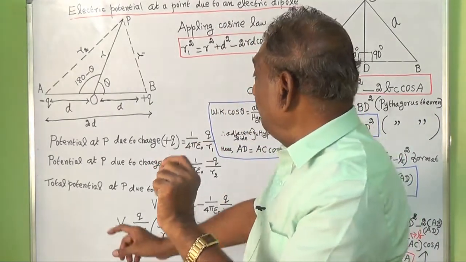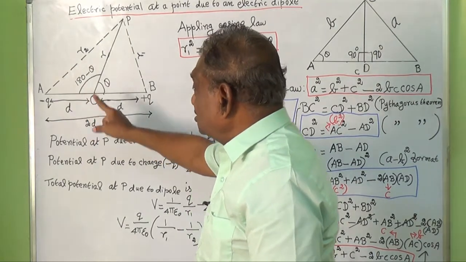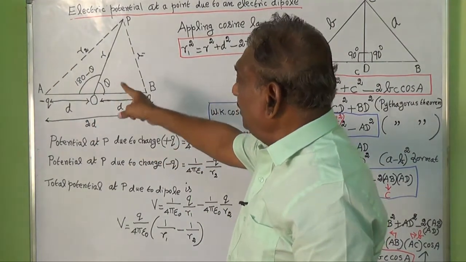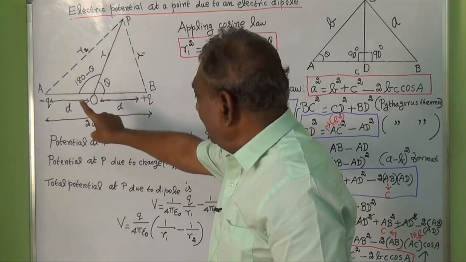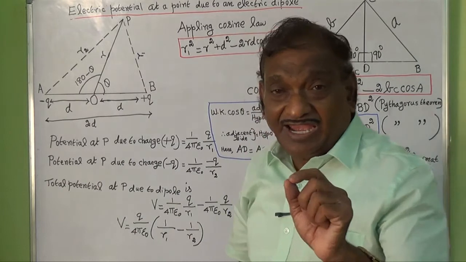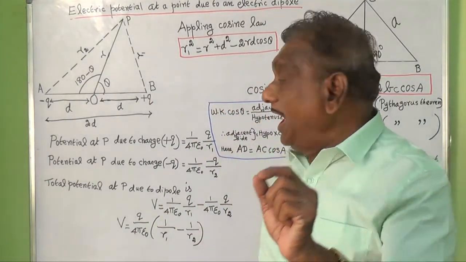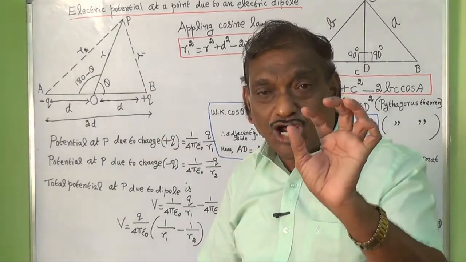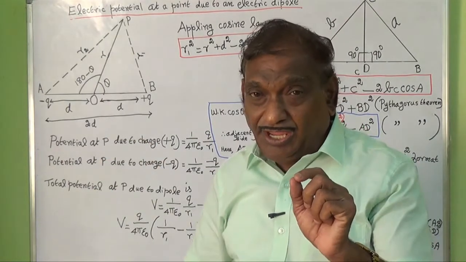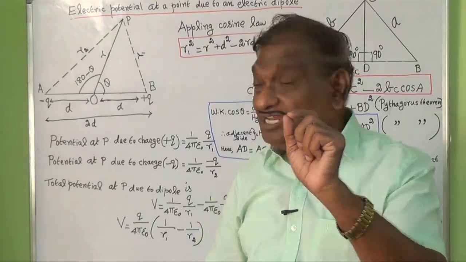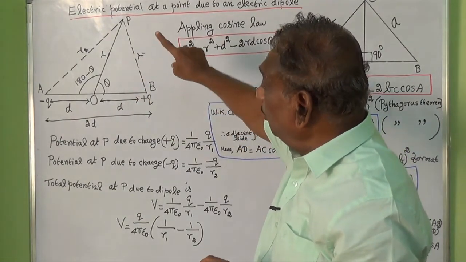The distance between the charges of the dipole is 2d. The center of the dipole is O, so the distance between the center of the dipole and the minus Q charge is d, and the distance between the center of the dipole O and the plus Q charge is also d. We are taking a point P at a distance of small r from the center of the dipole.